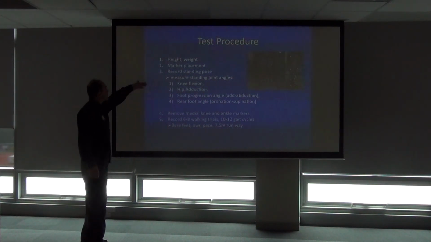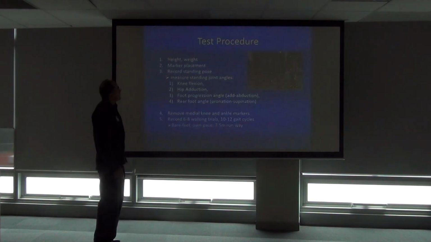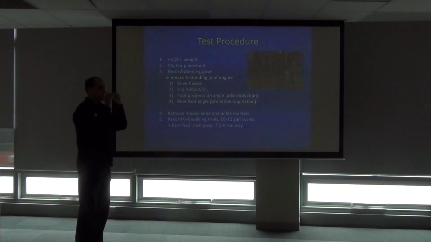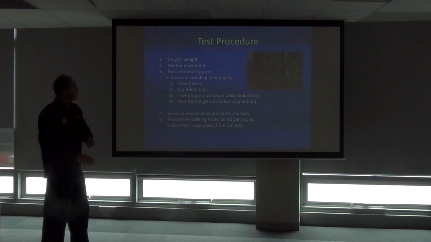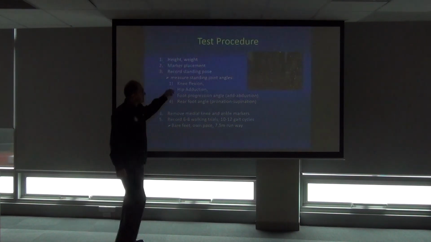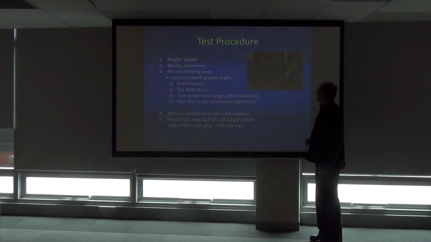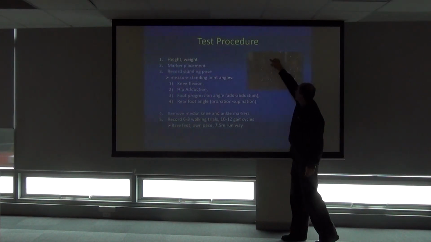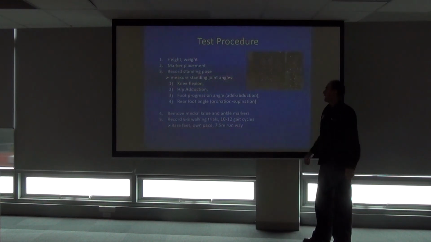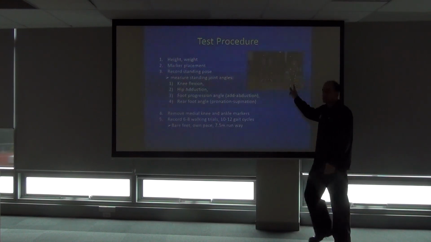Test procedure: height, weight, marker placement. So put the markers on, record a standing pose. While they're standing there, you capture a second or 2 of them standing, then measure knee flexion angle, hip abduction angle, which is measured from behind, foot progression angle, and rear foot angle, so pronation, supination.